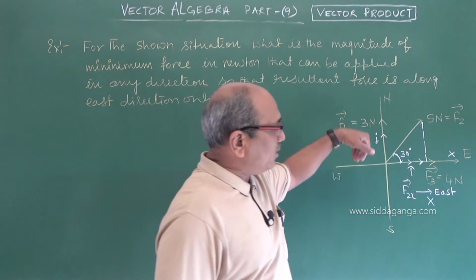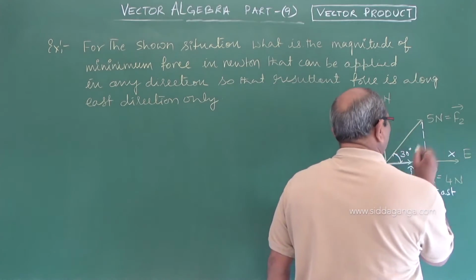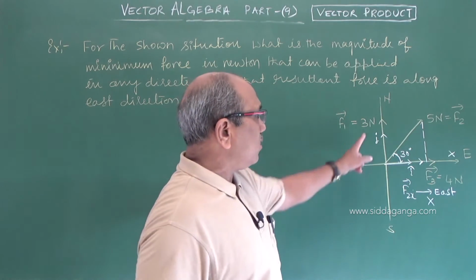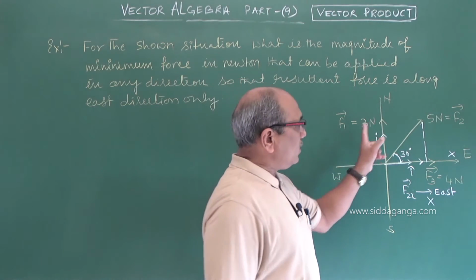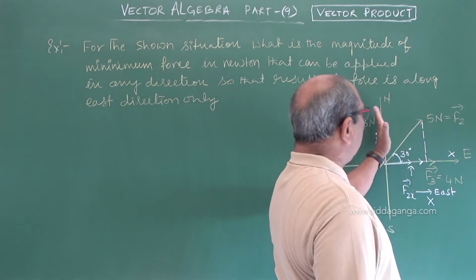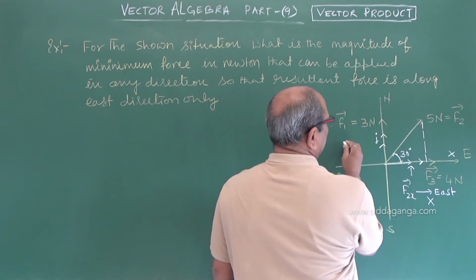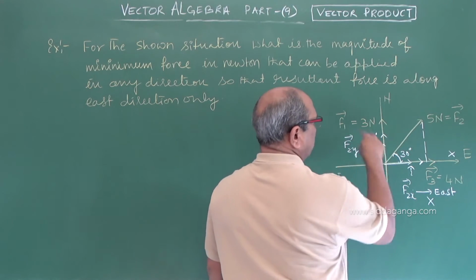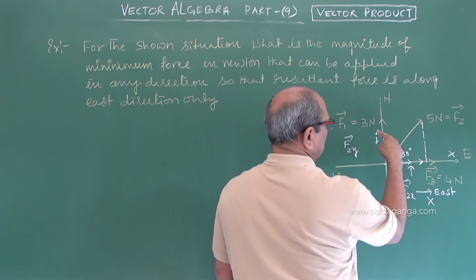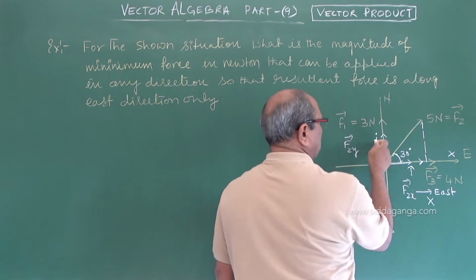However, they asked that the final force should remain only along the east direction. No problem. But I have to neutralize this force, and also the 5 Newton component of this. If I take its component in this direction as F2y, these two are acting in the positive j direction.